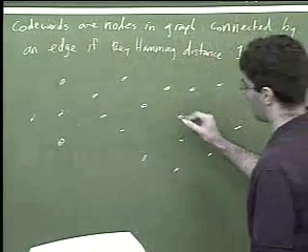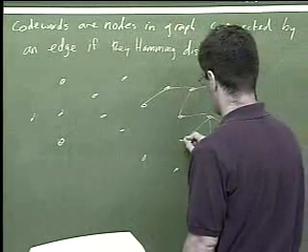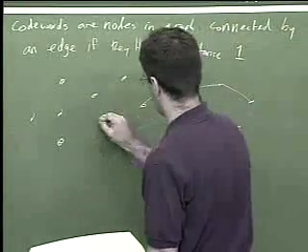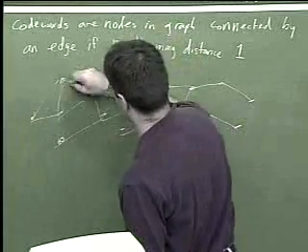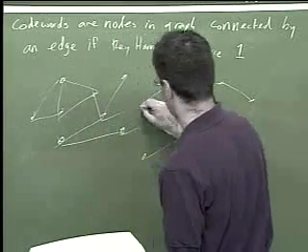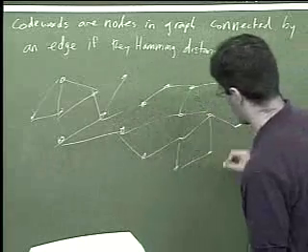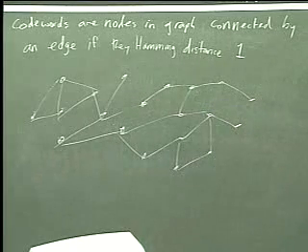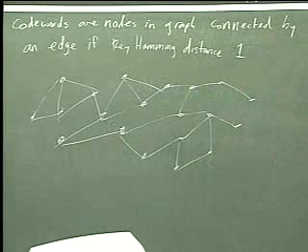If they have a Hamming distance of 1, I connect them. So this is just some weird code. There's no reason why it has to be a planar graph, but it's just easier to draw. I don't want it to get too messy.